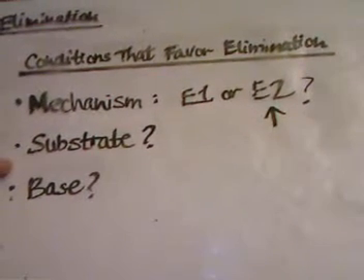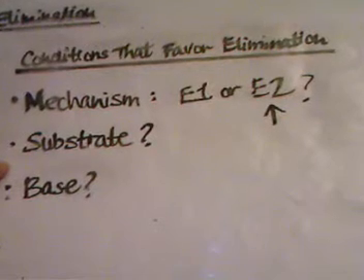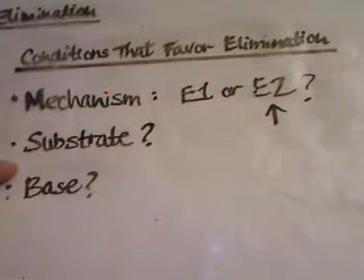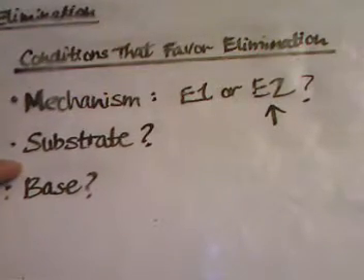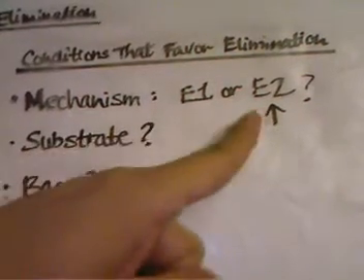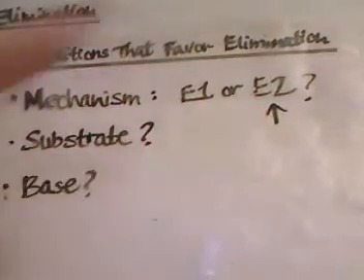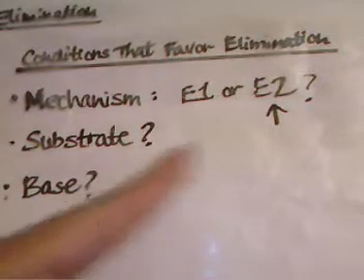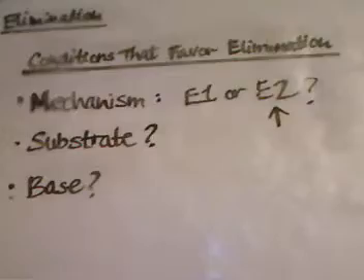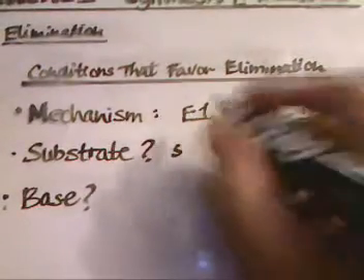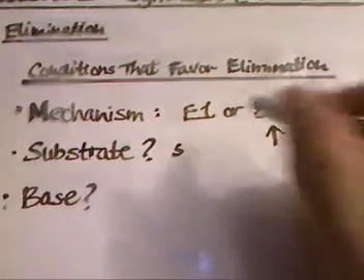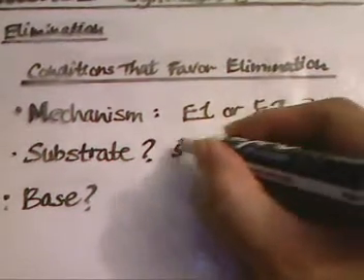What about the substrate? What do you think, what substrate is best suited for elimination? And the answer is tertiary substrates are the best suited for E2, because now that we've decided that E2 is better. The reason being that usually substitution and elimination are competing reactions.